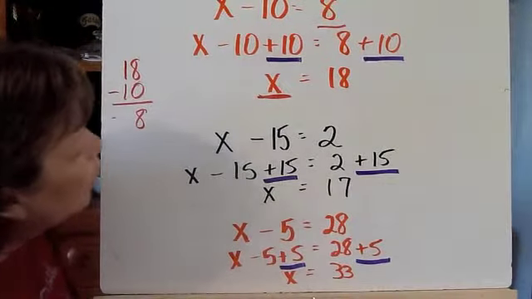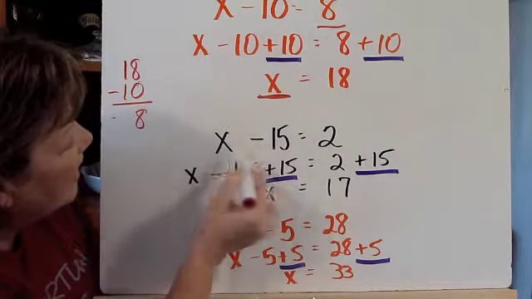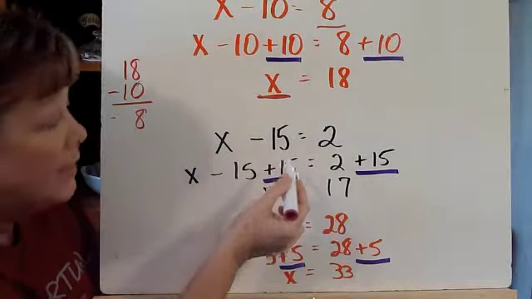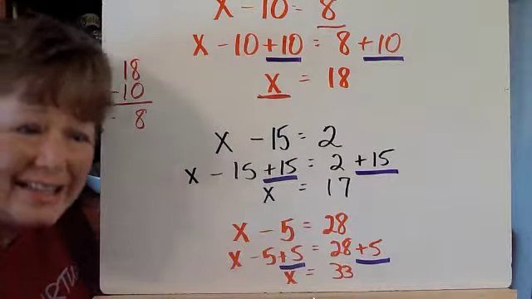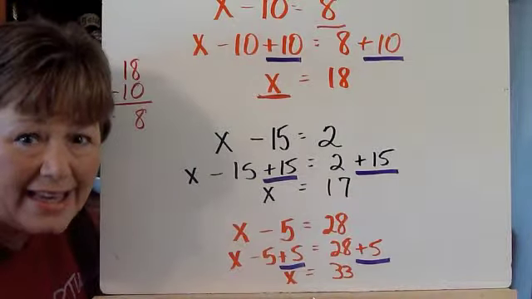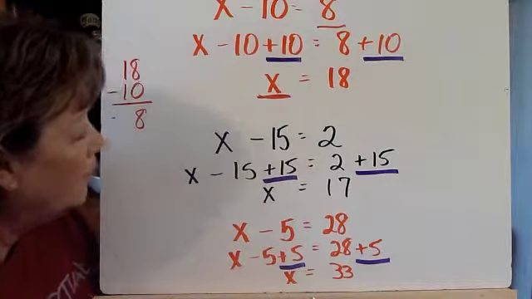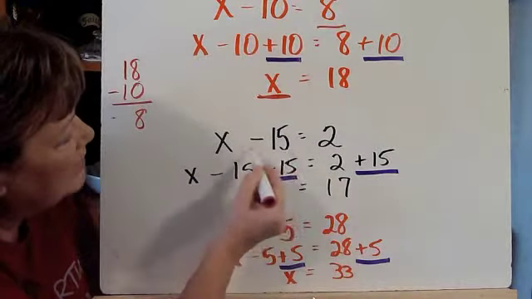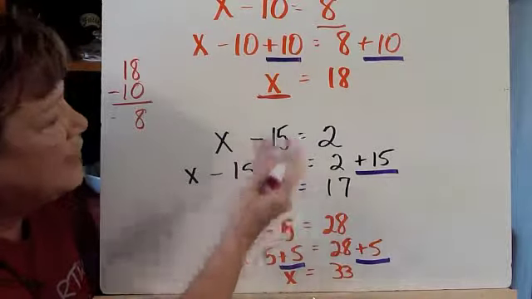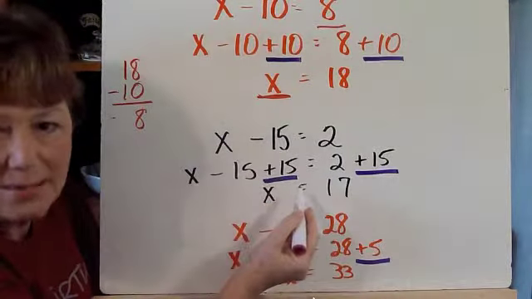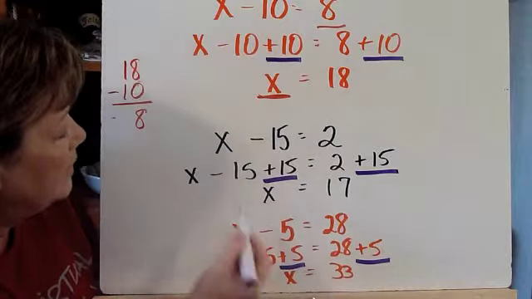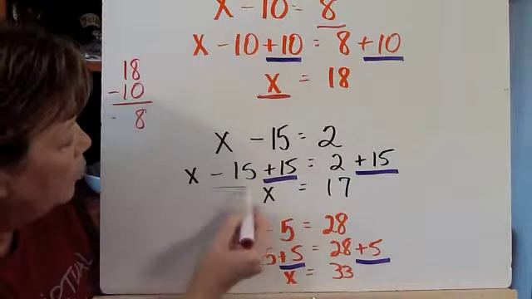Let's look at 2 more real quickly. I have x take away 15 equals 2. I need to figure out what that x equals. That's my big problem. So since I'm taking something away, to get it to 0, I add something to it. So I have my original problem.